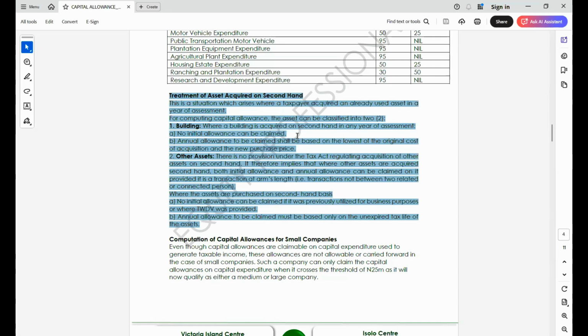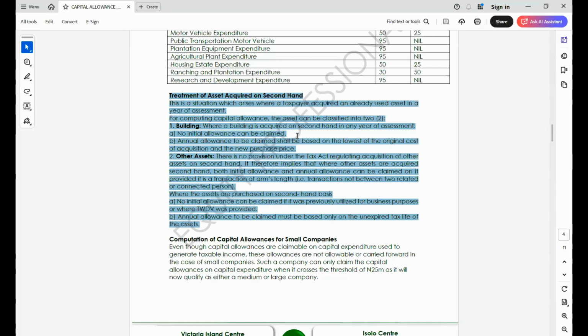Land appreciates. It's not like other categories of assets that depreciate. So please, where the examiner separates them, putting land separately and building separately, it's only the building that is going to be available for capital allowance. Where the examiner puts land and building together, please, it will be available for capital allowance claim. So take note.